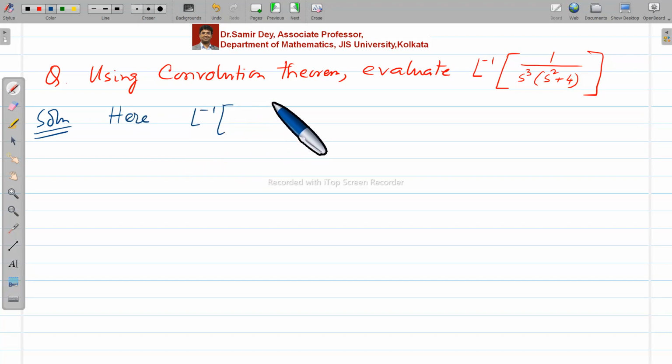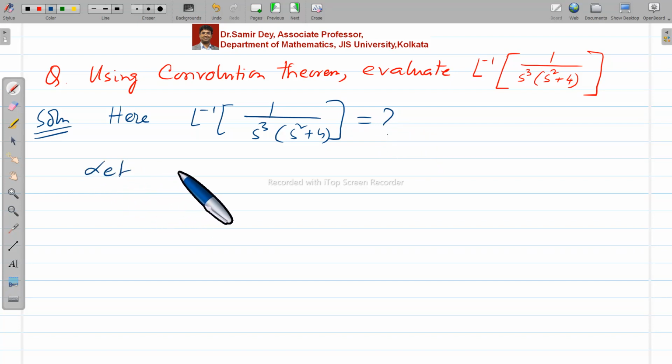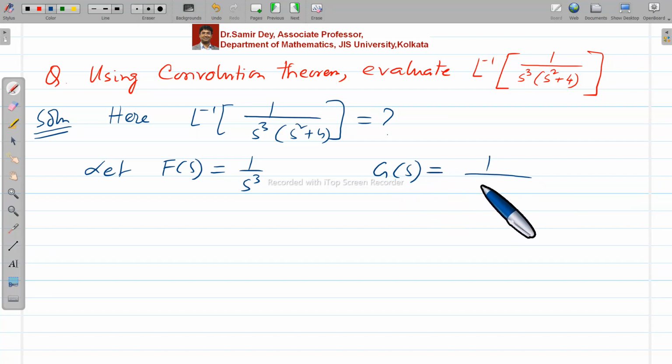What is your question? 1 by s cube times s square plus 4. This is your question. So let Fs equal 1 by s cube and Gs equal 1 by s square plus 4.